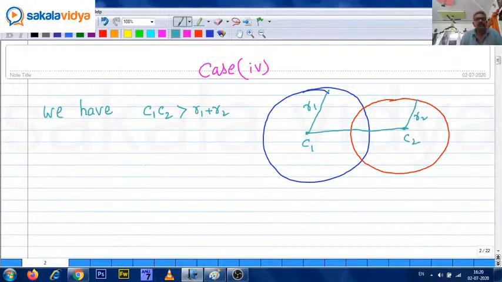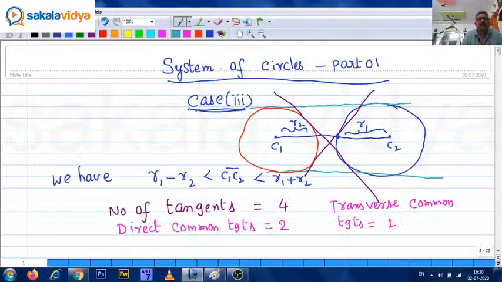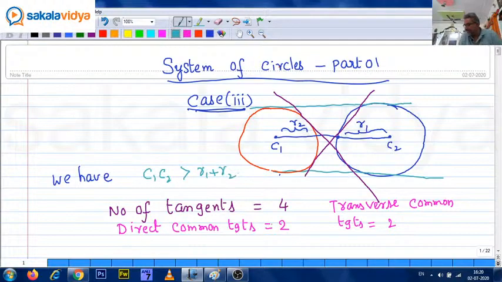Sorry, in the previous case we made a mistake. So this is actually wrong. I have taken the condition wrong. Please try to understand. Here C1 C2 is greater than R1 plus R2. So then we get this condition.